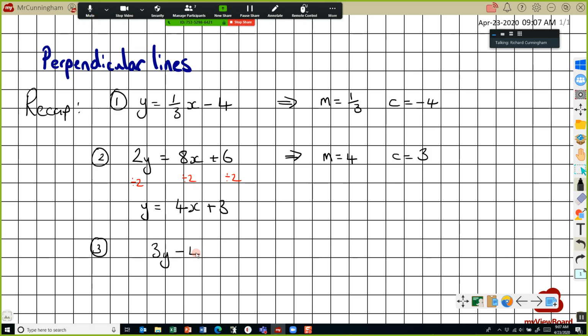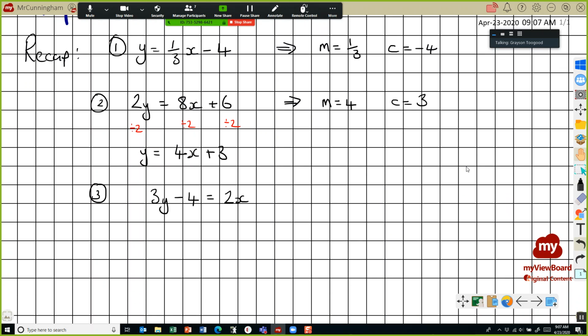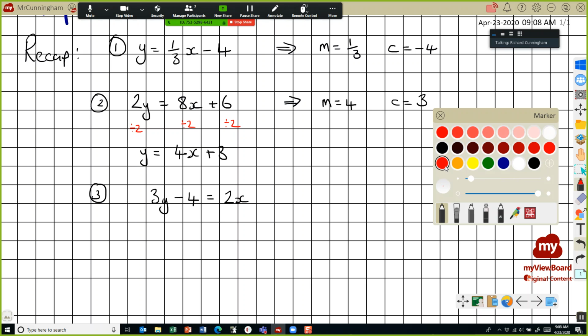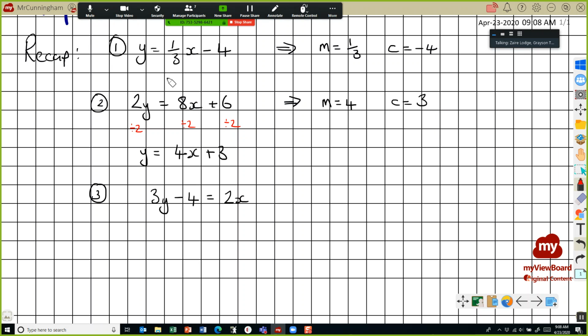3y minus 4 equals 4. How is this one different? If I want to work out the gradient and y-intercept of this line, I have to make it look like y equals.